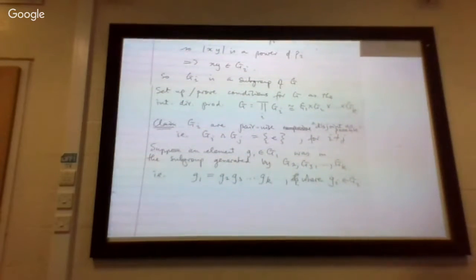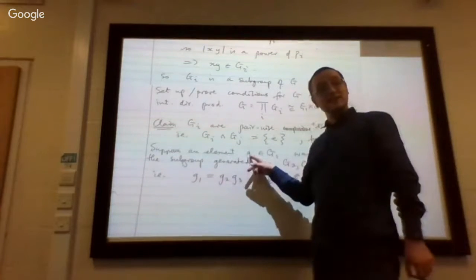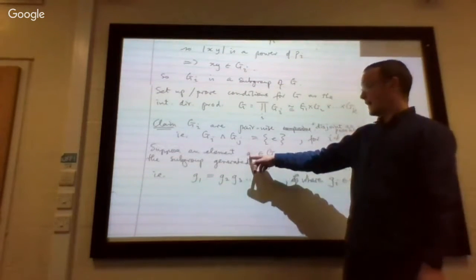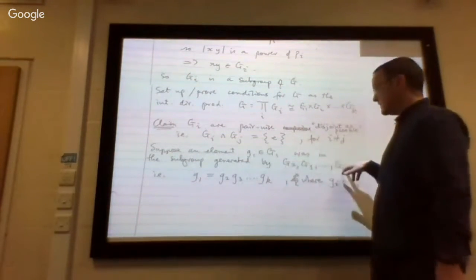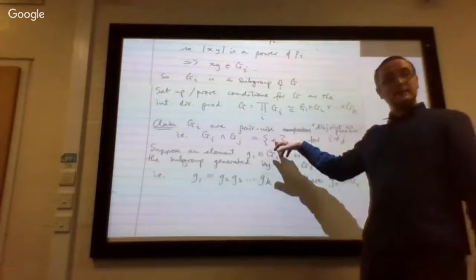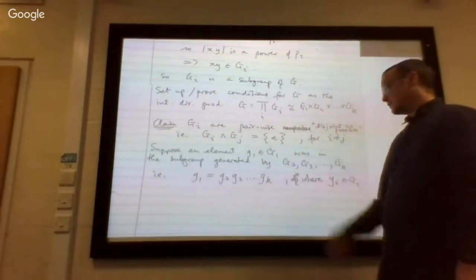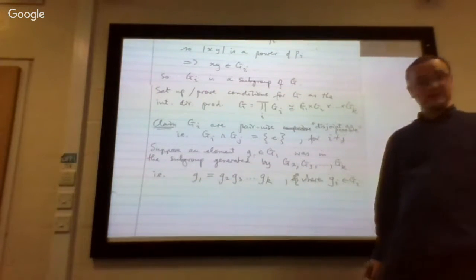What we're going to prove is that it can only happen in the special case where g1 is the identity element. And that will prove that G1 can only overlap with any of these in the identity element. Let's just prove it first, and then once we see it, we'll emphasize the details.